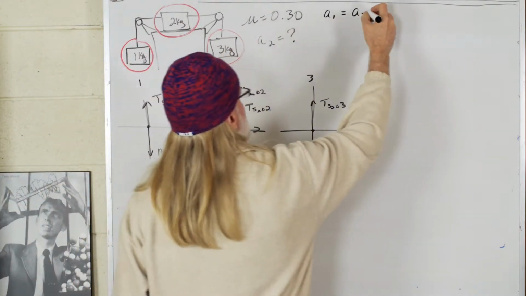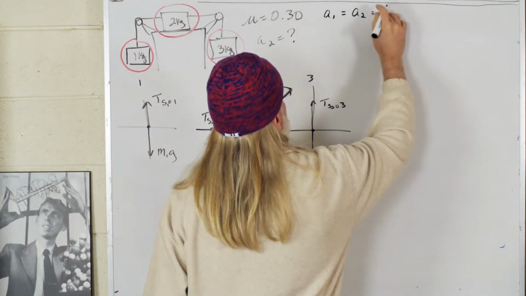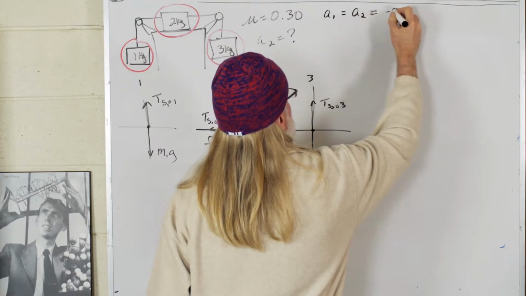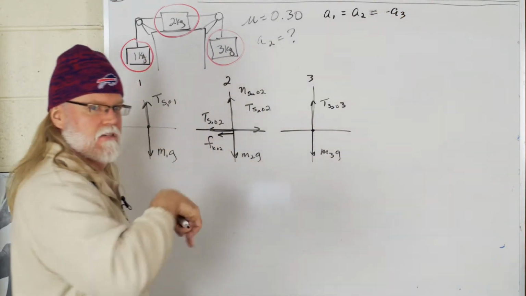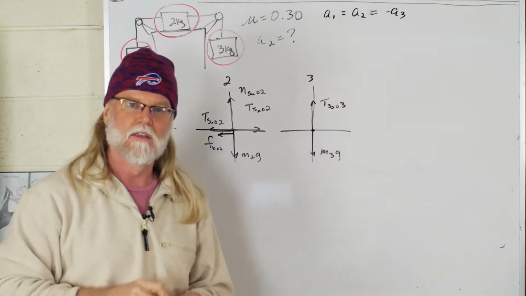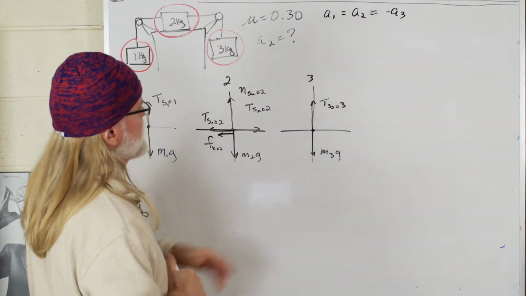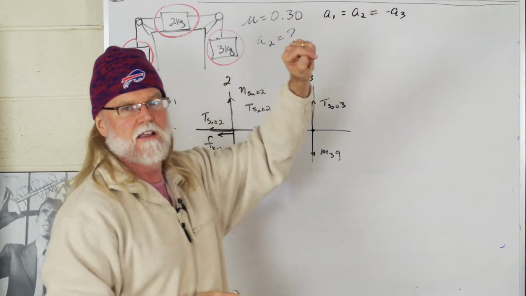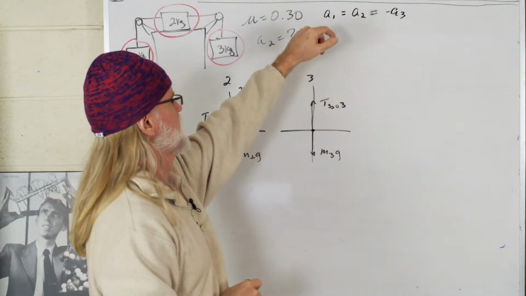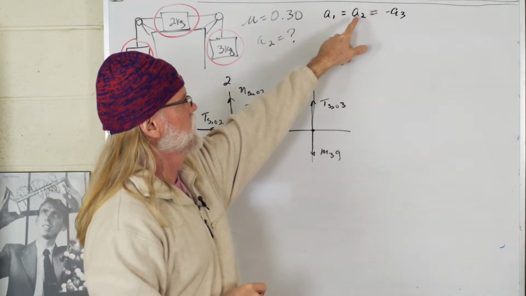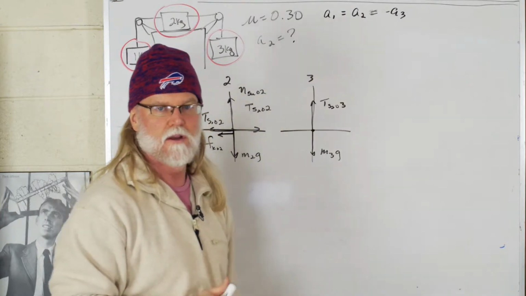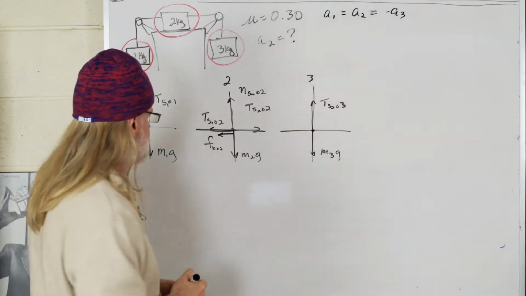And then here the acceleration of 3 is going to be negative, a3. It's going to accelerate downward while these others are accelerating in the positive direction. And there we go. There's our acceleration constraint. Certainly another valid one would be minus A1 equals minus A2 equals positive A3. Same thing.